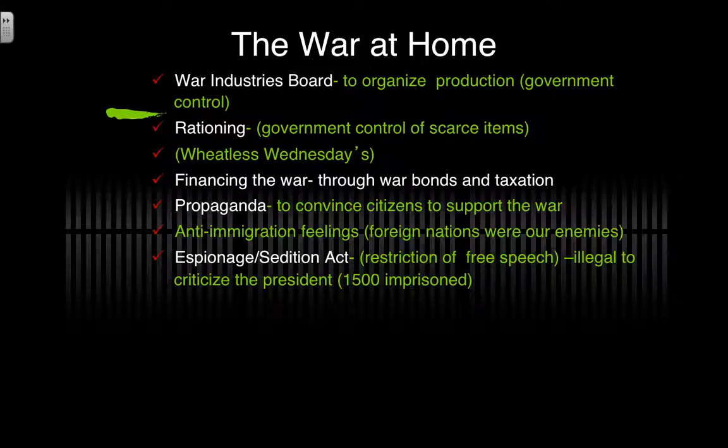And the U.S. government under President Wilson made it illegal to criticize the president and to criticize the American involvement in the war. And as a result, there were about 1,500 people that were put in jail during the course of World War I, which, of course, we see now as a very severe attack on free speech.